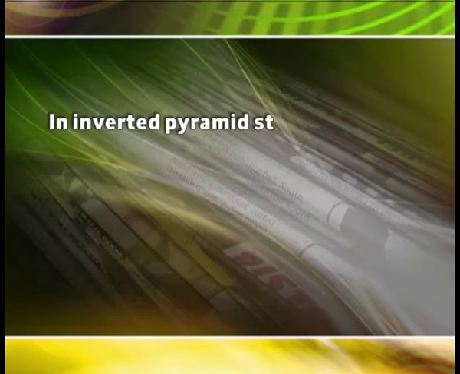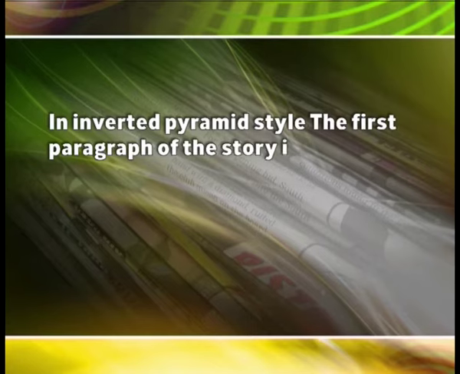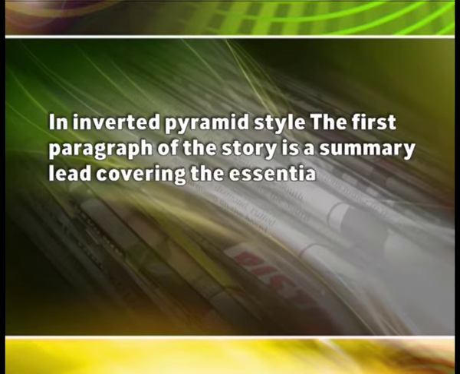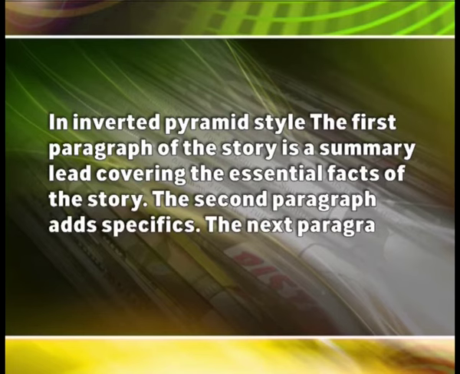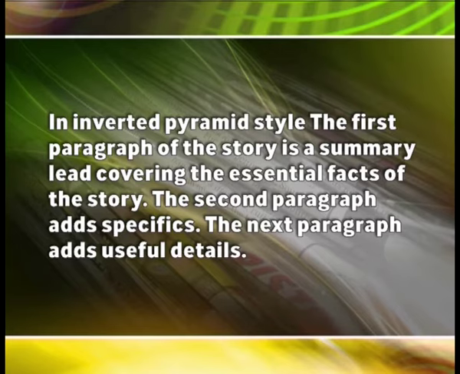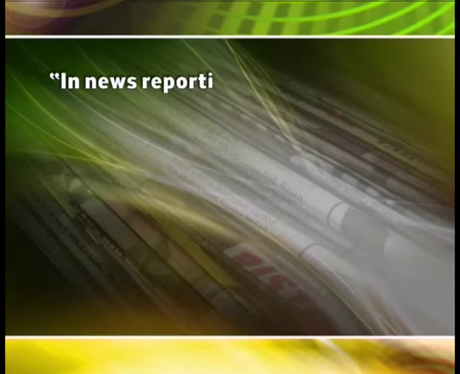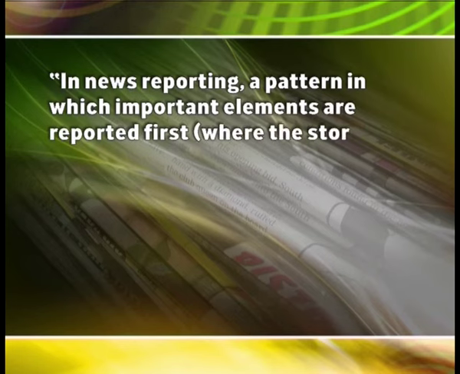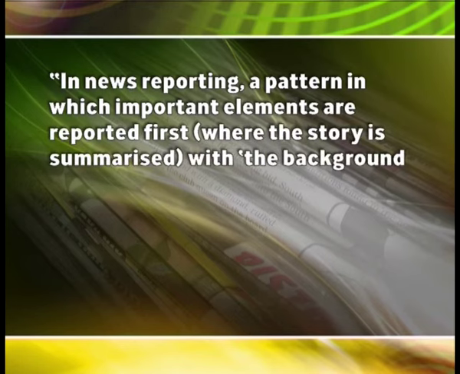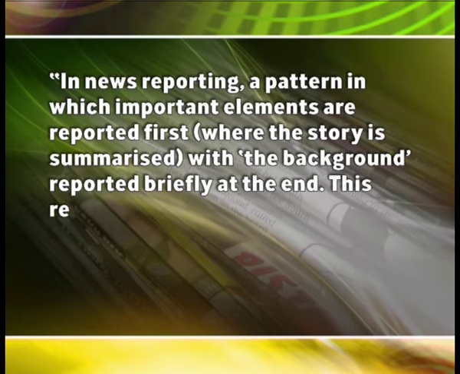In inverted pyramid style, the first paragraph of the story is a summary lead covering the essential facts of the story. The second paragraph adds specifics. The next paragraph adds useful details. Daniel Chandler and Rod Munday, 2011, page 226, define inverted pyramid thus: in news reporting, a pattern in which important elements are reported first, where the story is summarized with the background reported briefly at the end.